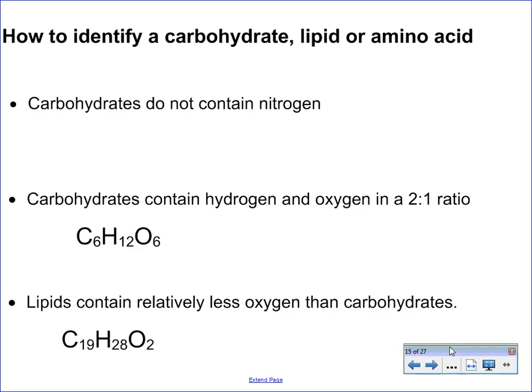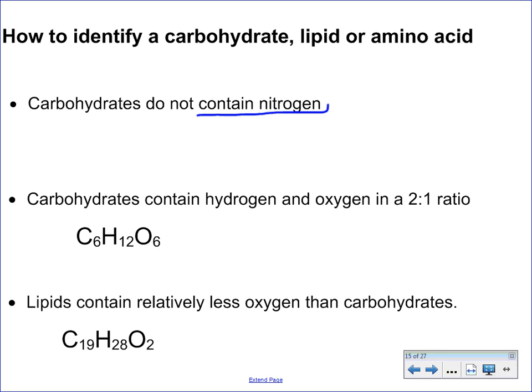So you'll also be expected to be able to identify molecules as a carbohydrate, lipid, or amino acid. And there are a few tips for being able to identify each of these compounds. So keep in mind that carbohydrates do not contain nitrogen. So if there's no nitrogen present, it's going to be a carbohydrate.